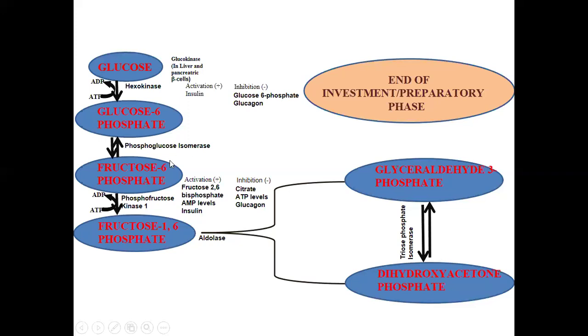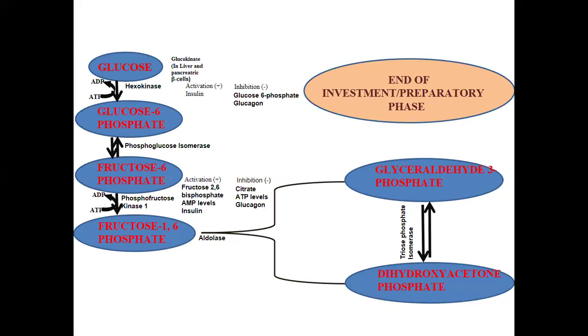Then the third one is converting fructose 6-phosphate to fructose 1,6-bisphosphate, and in this one you're also investing ATP, and the enzyme present is phosphofructokinase 1. And then you have fructose 1,6-bisphosphate being broken down into glyceraldehyde 3-phosphate and dihydroxyacetone phosphate. And the enzyme responsible for this breakdown is called aldolase.